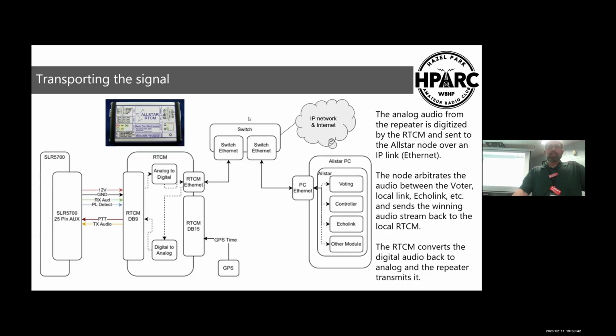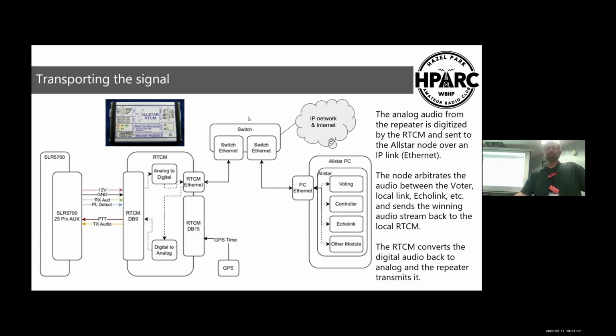So this is how we get the signal from the radio to the PC. If you look at the left, you can see the RX audio and PL detect. The radio will be transmitting the audio, and whether or not it sees the right PL tone. If the RTCM sees all of that, it'll take that information, digitize it, and send it over the in-cabinet network to the computer, where the computer determines what audio stream it should be playing.